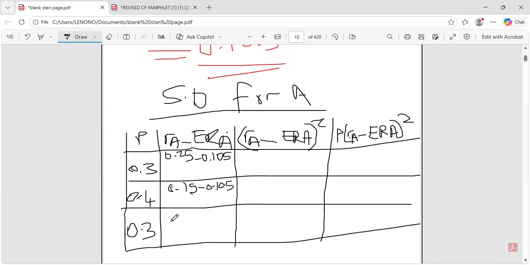Then the other one is negative 0.1 minus 0.105. So 0.25 minus 0.105 is 0.145. Then you square this one, giving us 0.021025.